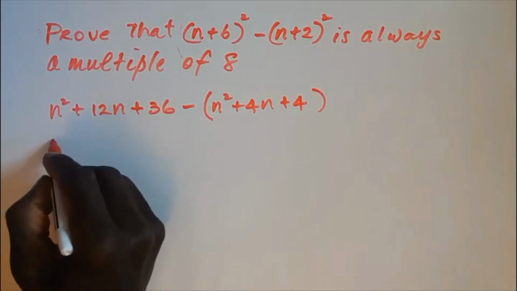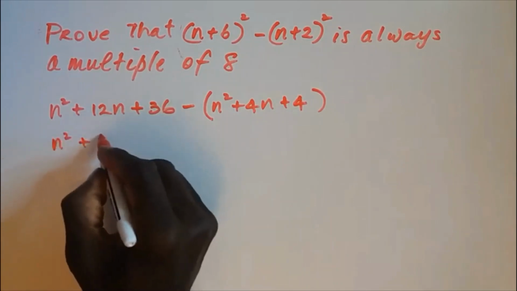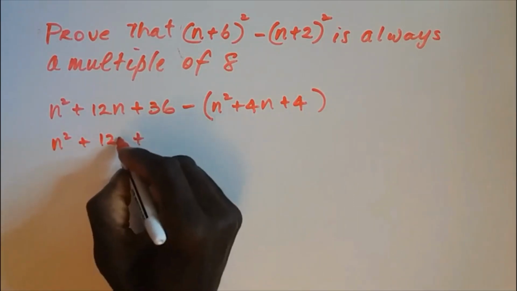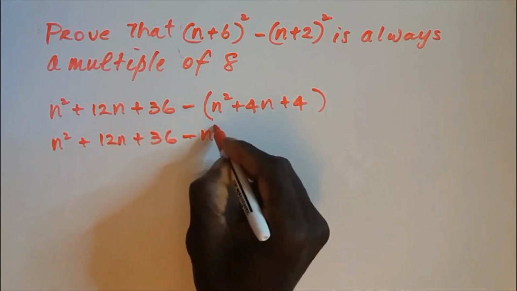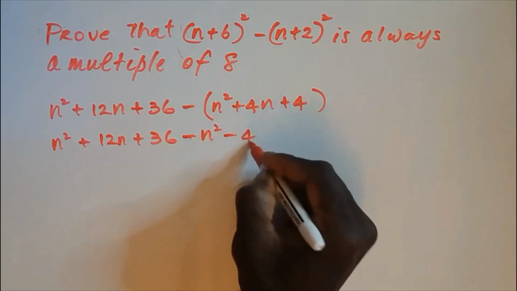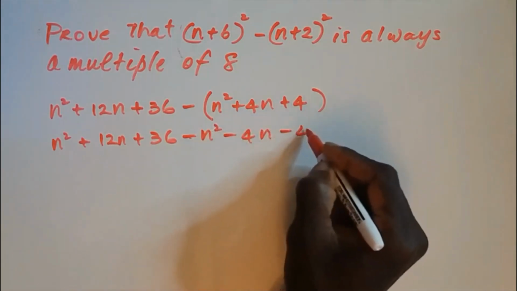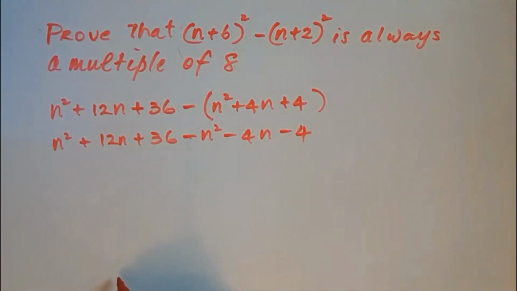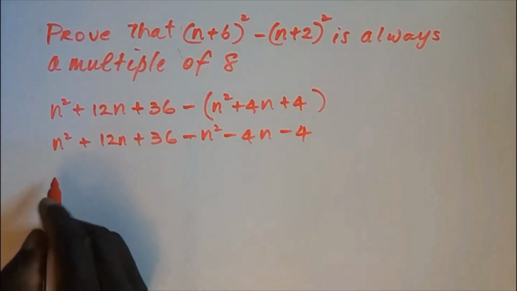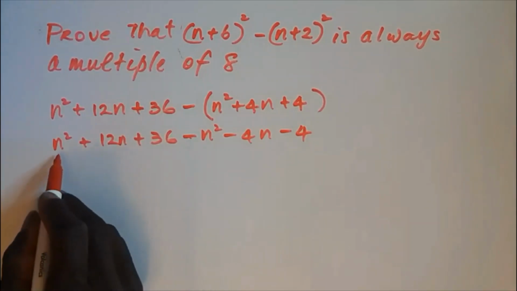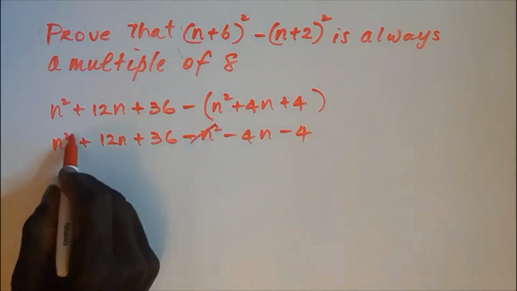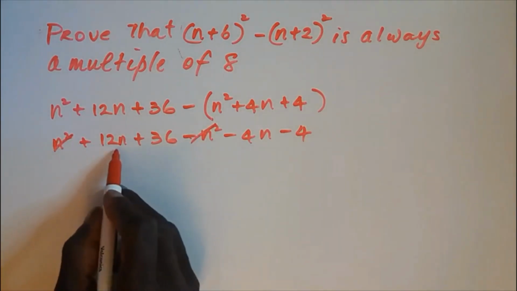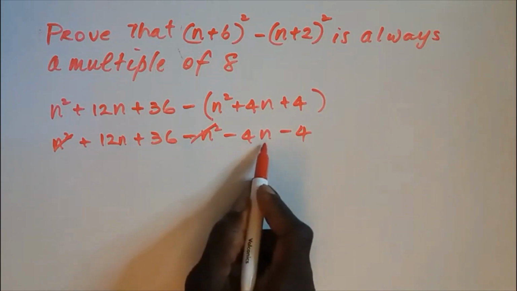Clear the brackets, n squared add 12n add 36 minus n squared minus 4n minus 4. Now the n squared cancels with the minus n squared, that goes to 0. We have 12n minus 4n will give us 8n.